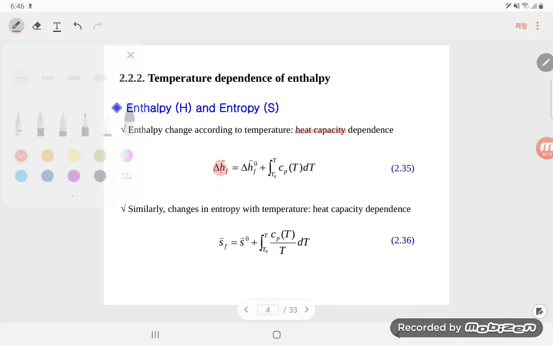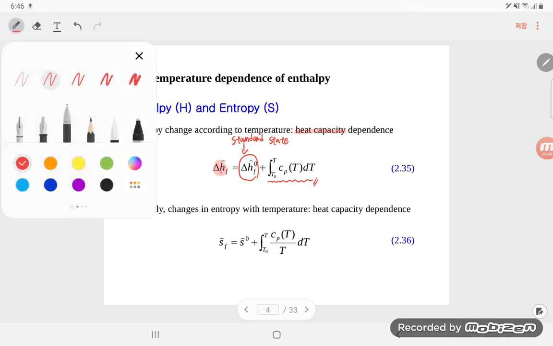As I said, this is in the standard state, right? In the standard state, if we increase or decrease the temperature, how much is the enthalpy changed? We can express it like this, and we can derive it from dq.